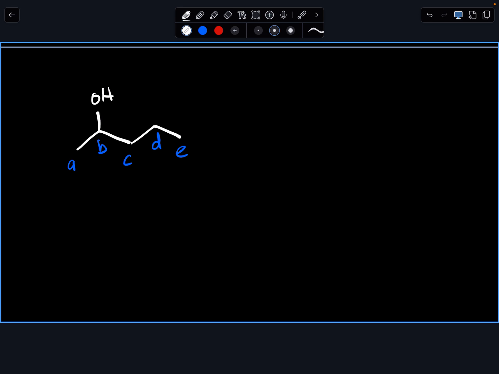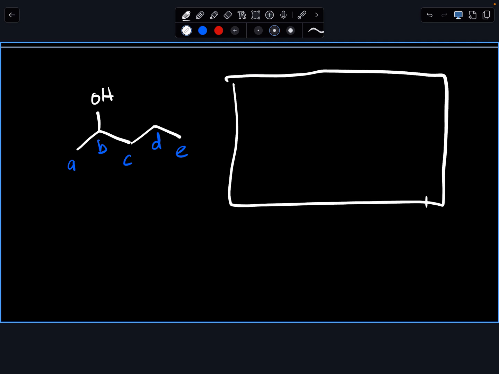And what we would expect for its spectrum, if this is 0, this is 100, is carbon B has an OH attached, so it's probably going to be down close to 60. It's going to be on the extreme end. So let's call that 60.